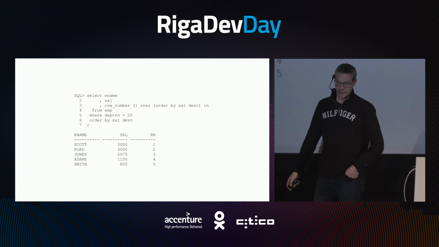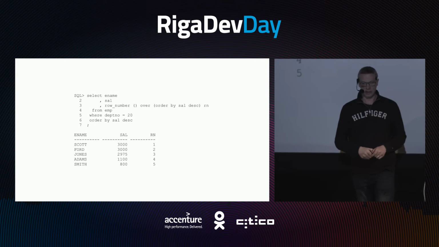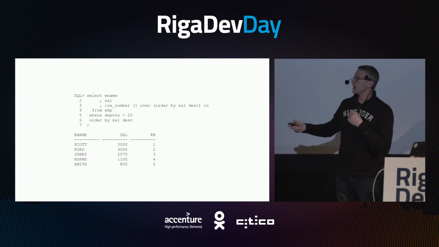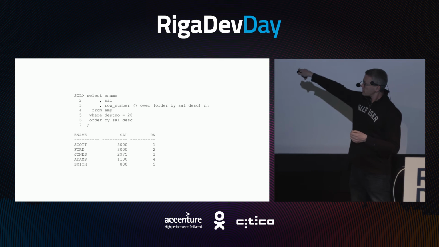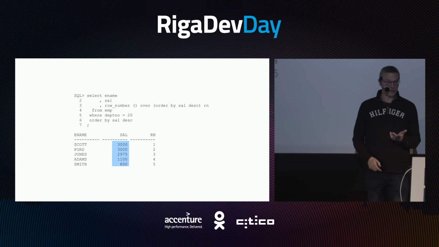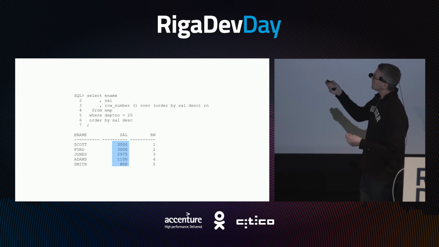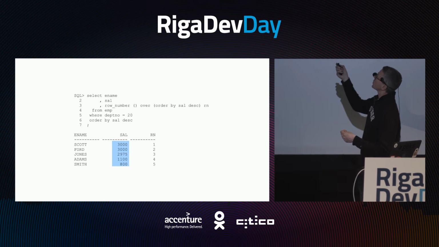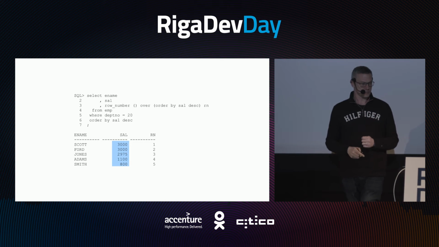Anywho, our EMP table filtered on department 20, and I sorted them by salary descending. Why? Because Scott and Ford have the same salary. Using the row number function, I sorted them by salary descending in the window as well.